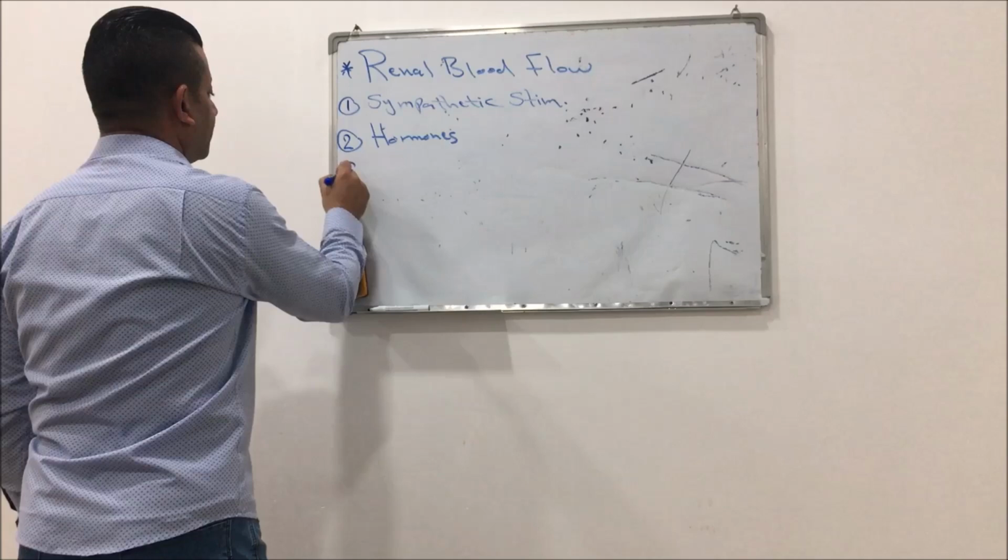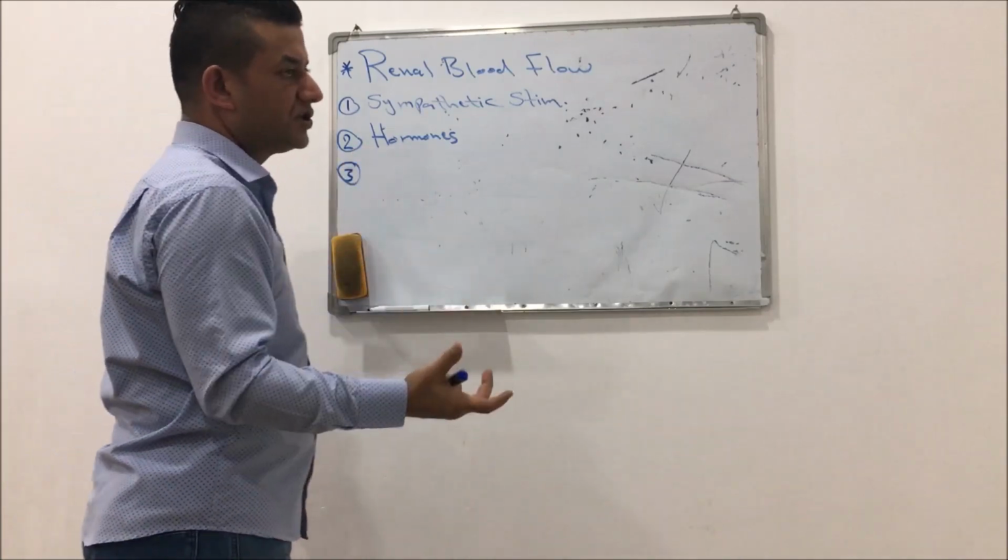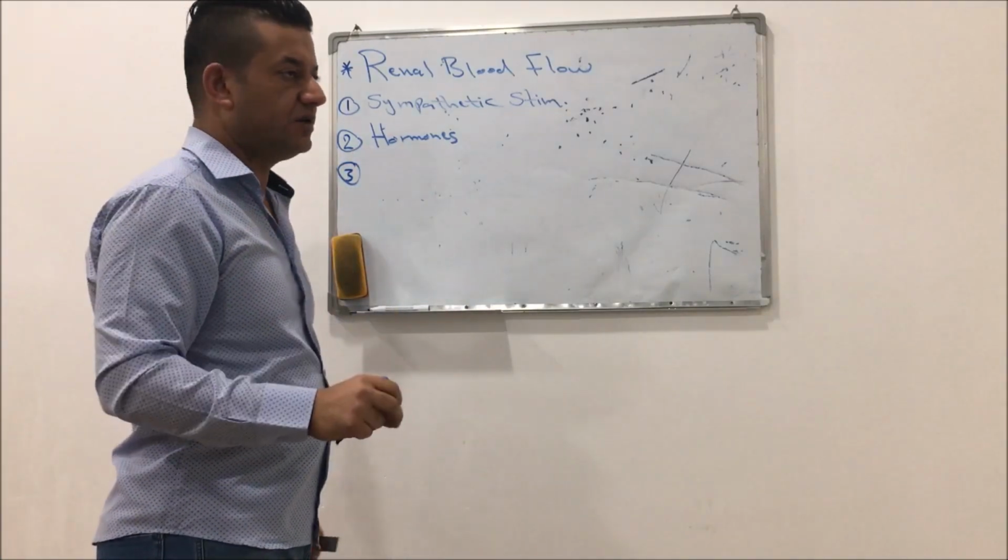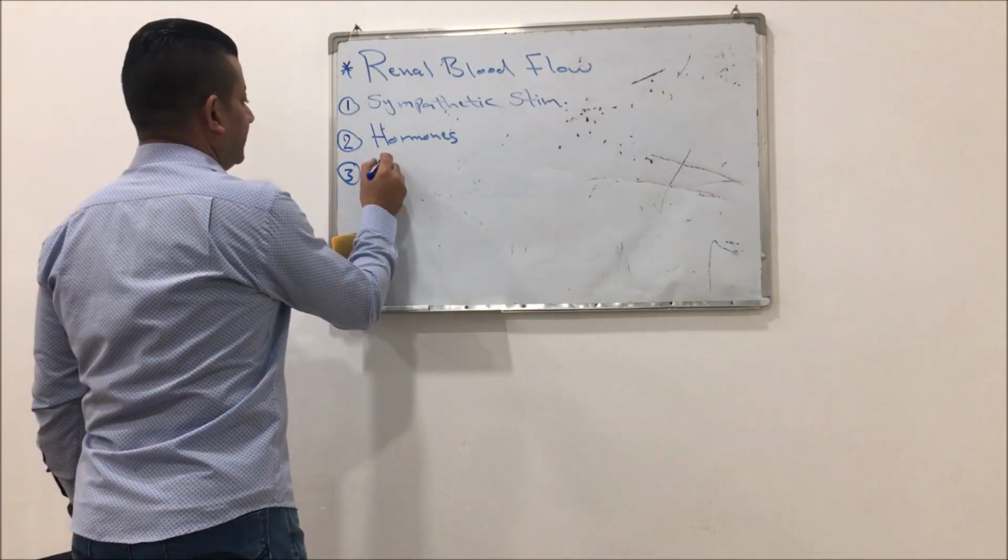The third factor which causes vasoconstriction of the renal arteriolar bed is endothelin.